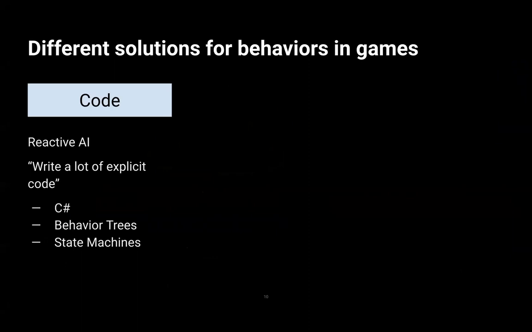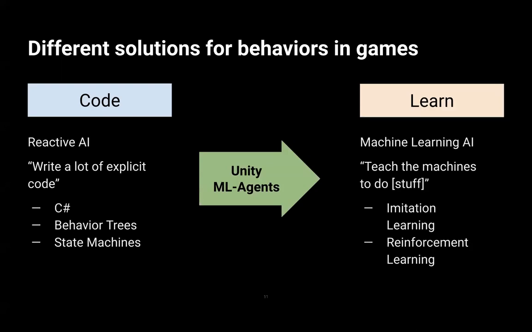What we want to do with ML Agents is start to move some of this code into the realm of machine learning. So can we use imitation learning or reinforcement learning to create these behaviors that normally would be written in code?